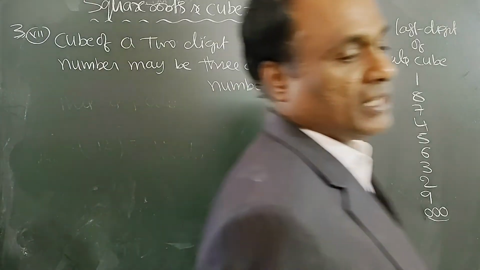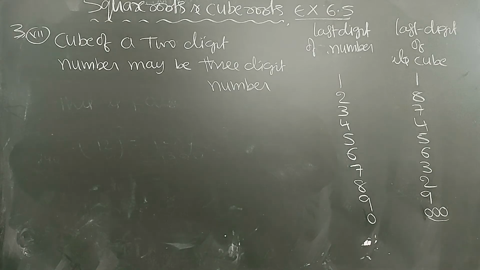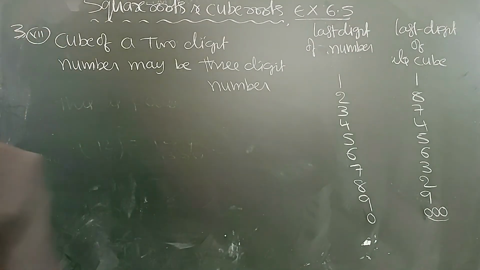Last bit, the third question. Cube of a 2-digit number may be a 3-digit number.